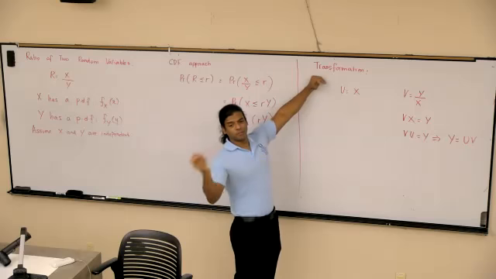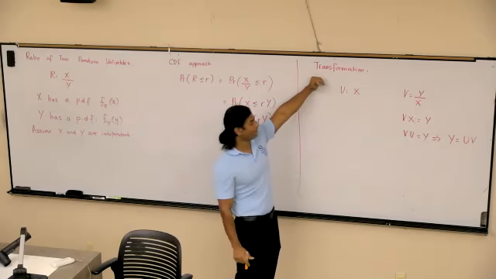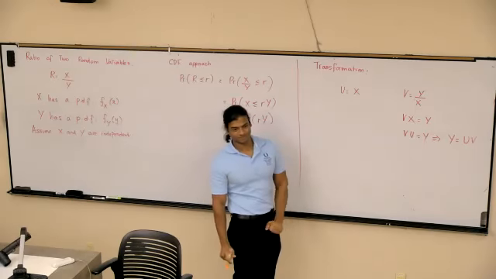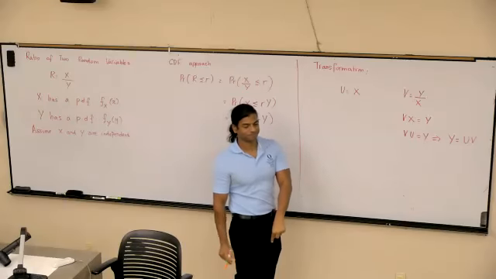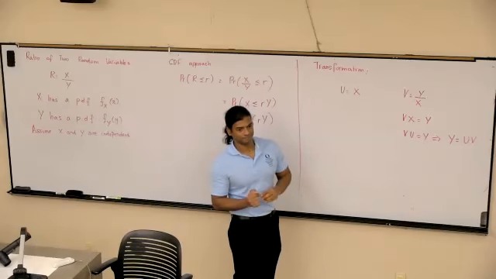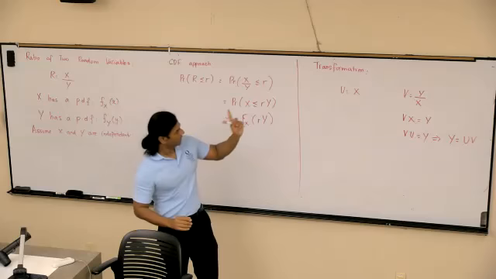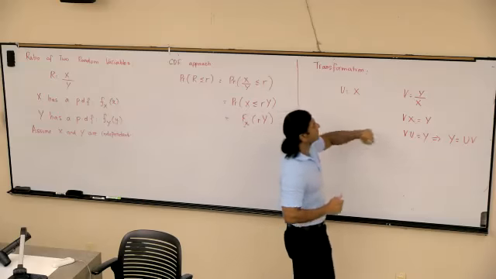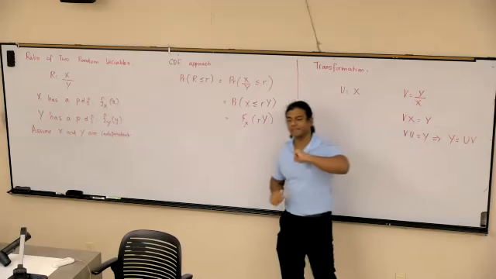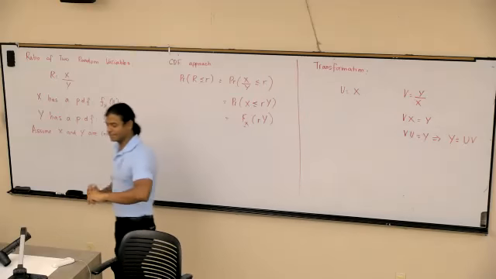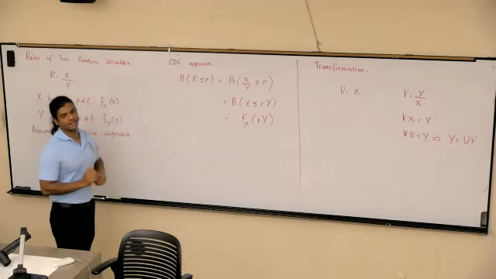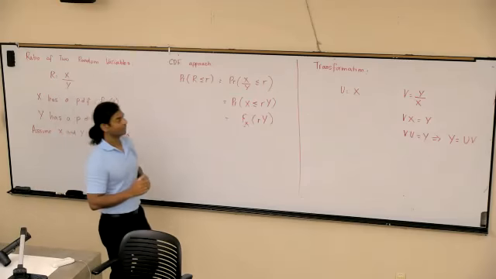What did we do after this? The sum of two random variables. We started by calling one U, the other V. After we did that, what was our next step?